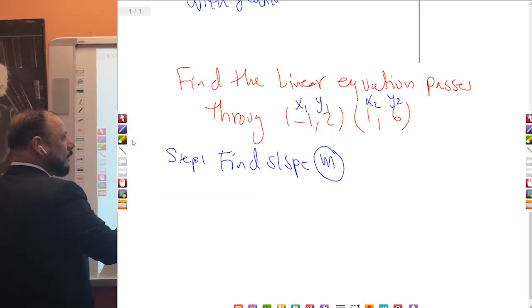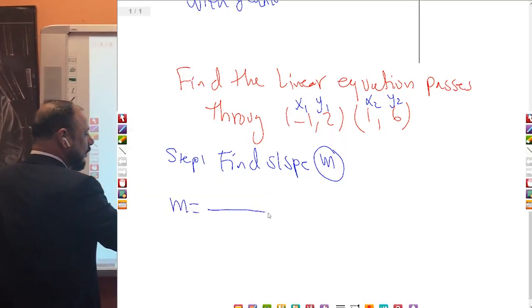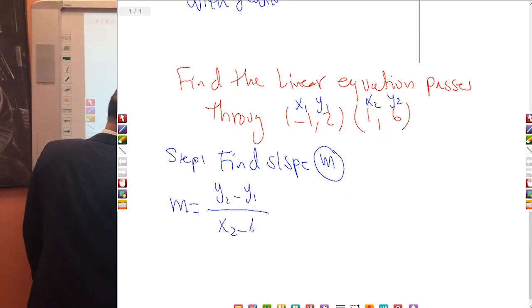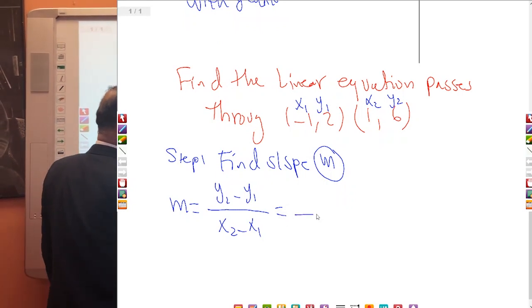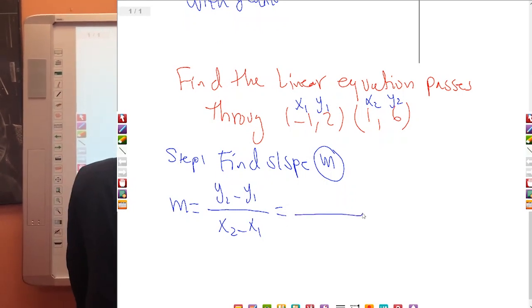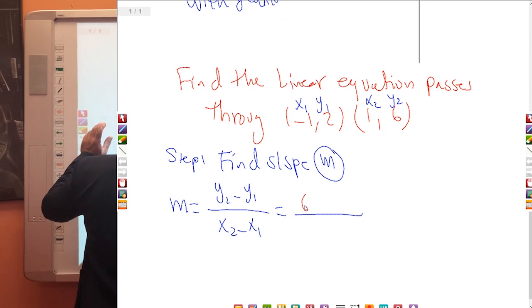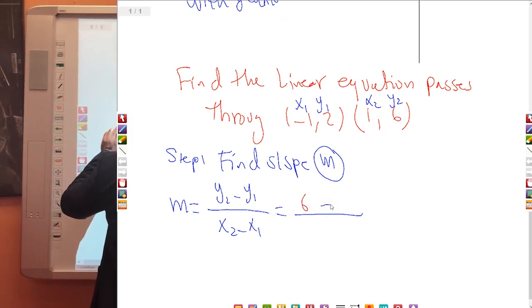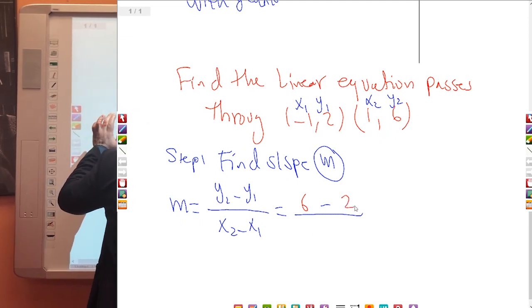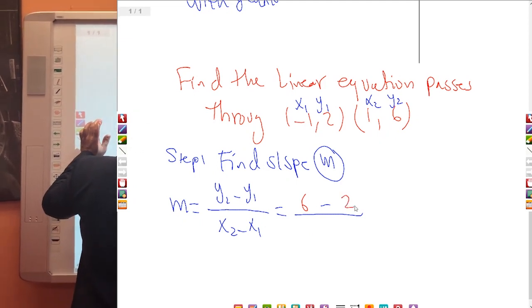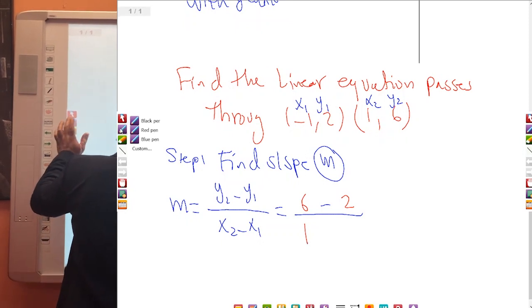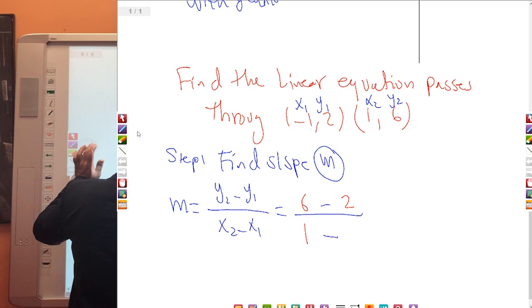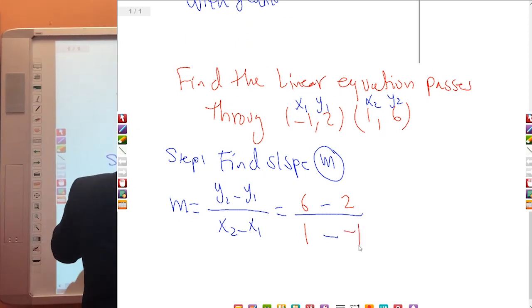To find the slope, m equals y2 minus y1 over x2 minus x1, which is 6 minus 2 over 1 minus negative 1. I put the minus in blue because some of the kids are going to include this negative and negative.